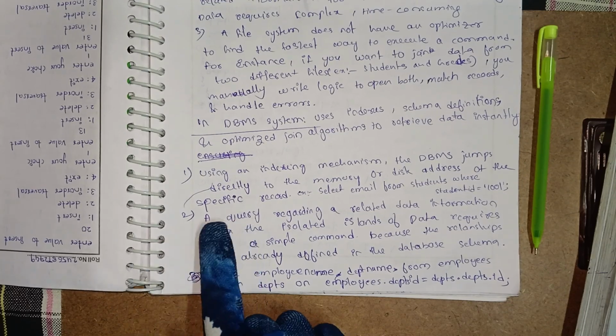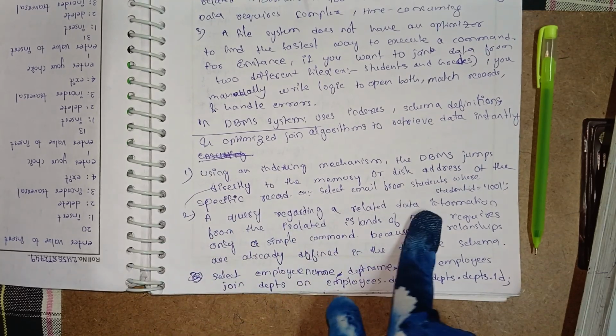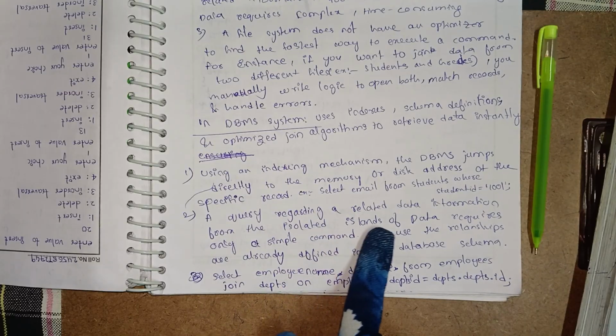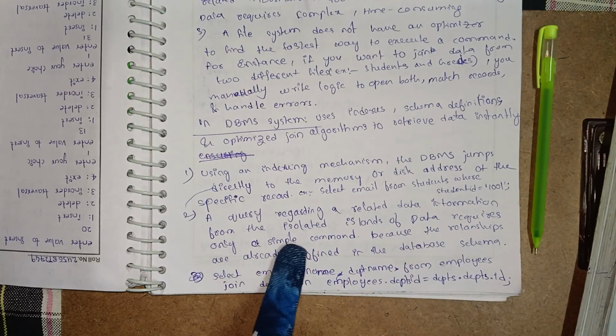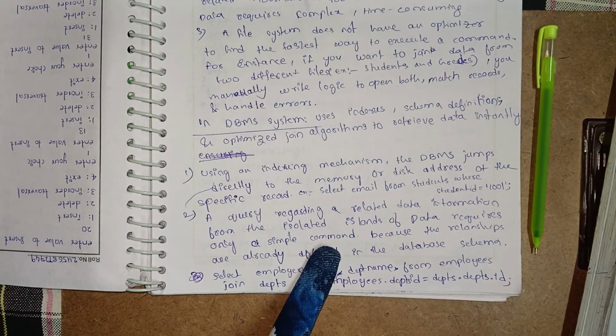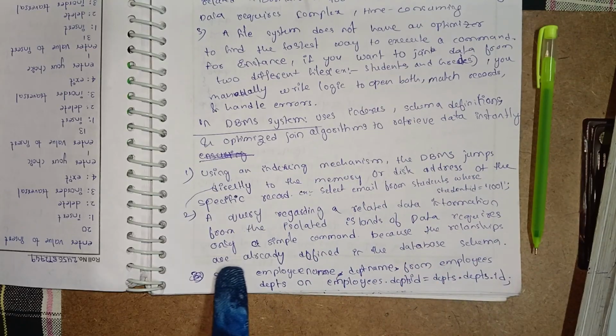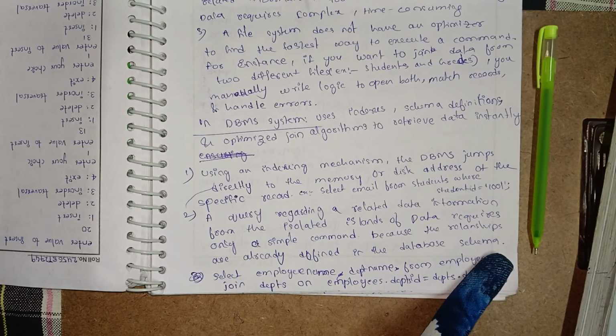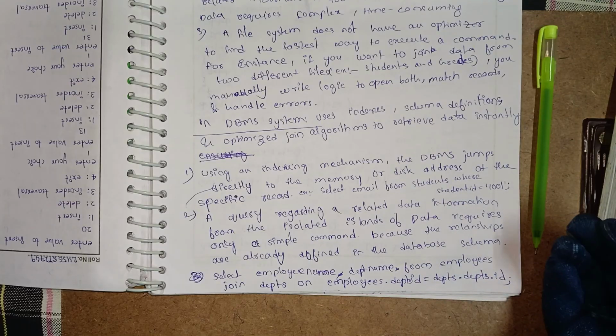The second example is a query regarding related data information from the isolated islands of data, which requires only a simple command. There is no fetching, because the relationships are already defined in the database schema. So between the tables, there are already relationships in the database structure.